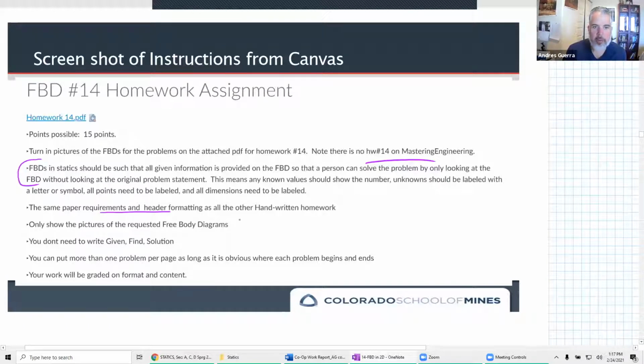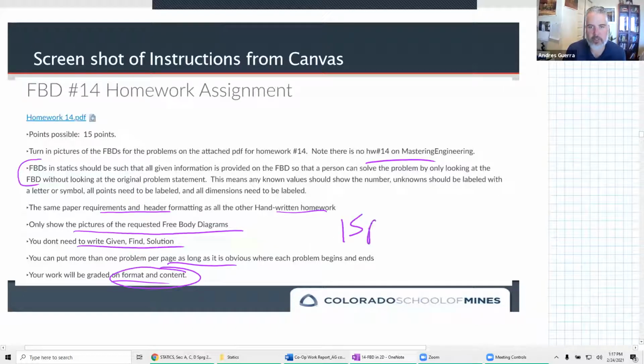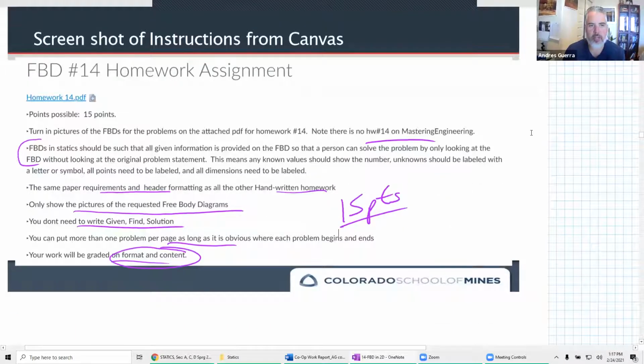Same paper requirements as the other handwritten homework, but you only have to show the pictures. You don't need to write given, find, solution for this one only. You can put more than one problem per page. Your work will be graded on format and content. Remember, this is 15 points for these 5 problems. And I'll show you a picture of a couple of those.